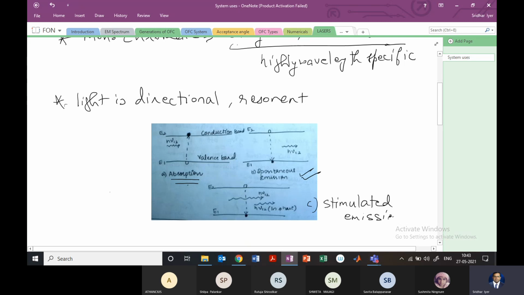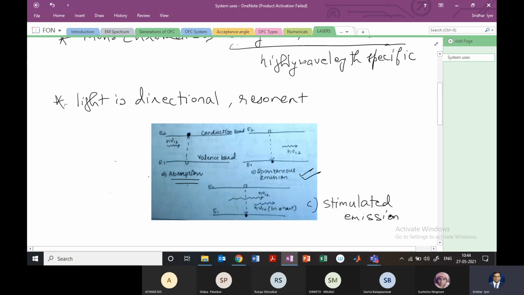So explaining the operation of the LED or the laser can be done efficiently by using diagrams like what you see on the screen. The basic principle of operation of the laser will involve photon absorption, spontaneous emission, and stimulated emission. Right.